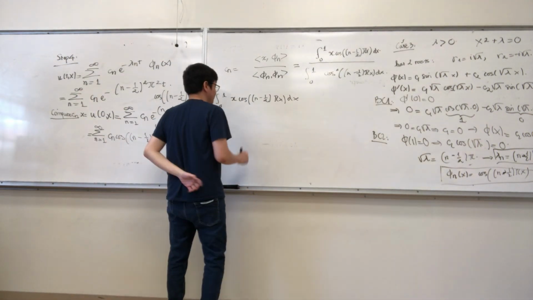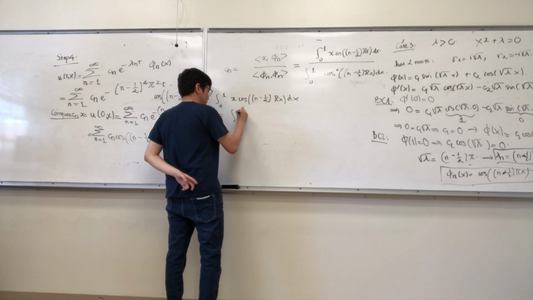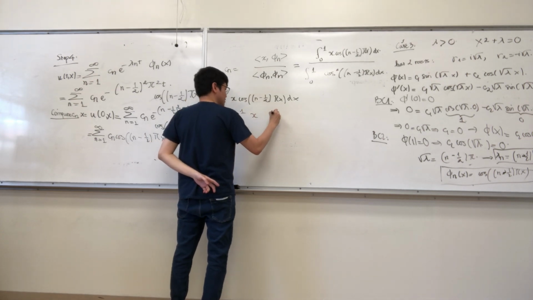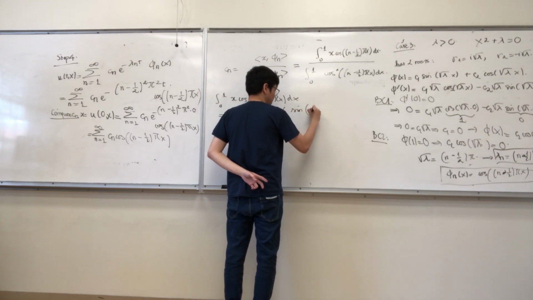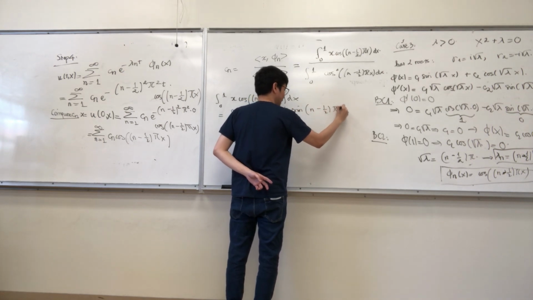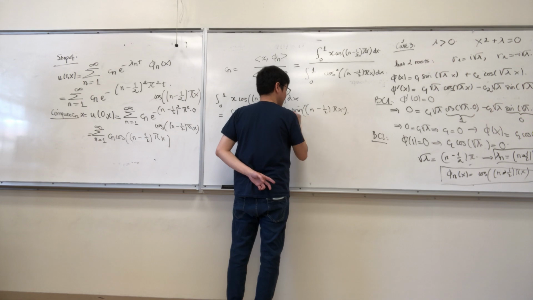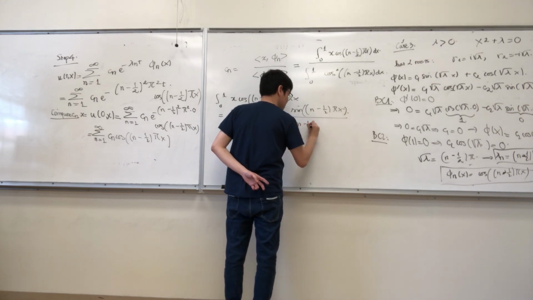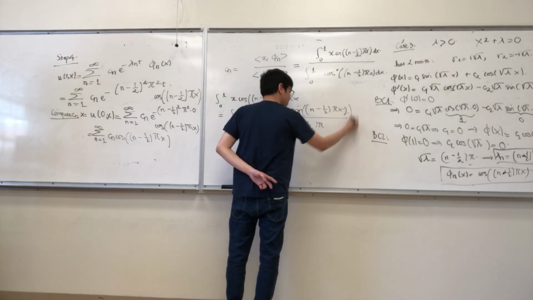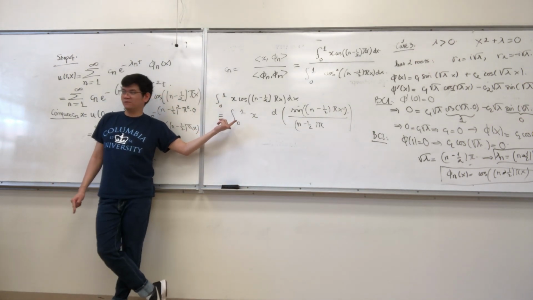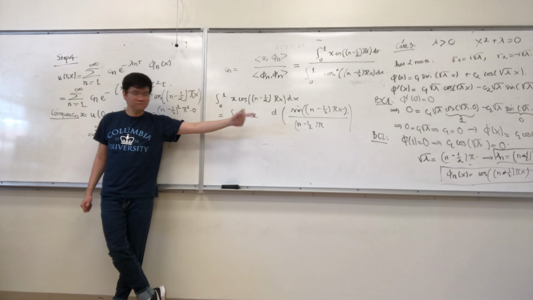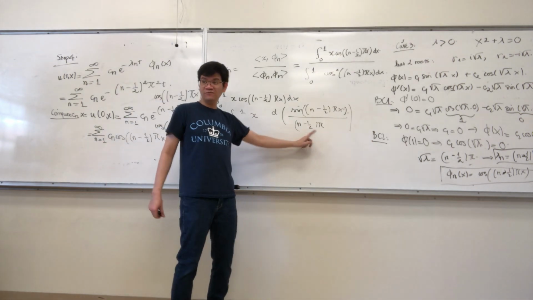So now we are going to do integration by parts again. So this is d of sine of (n minus 1/2) pi x, divided by (n minus 1/2) pi, right? You observe that cosine is sine prime divided by this factor.